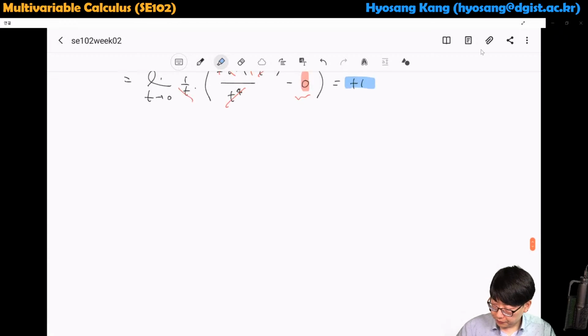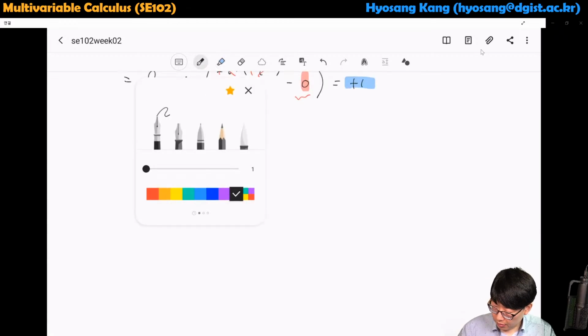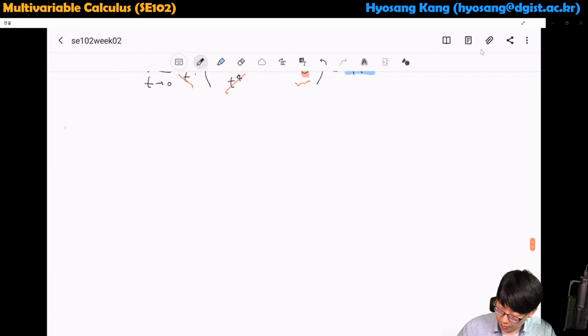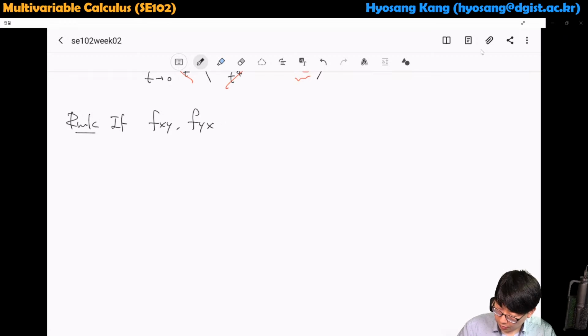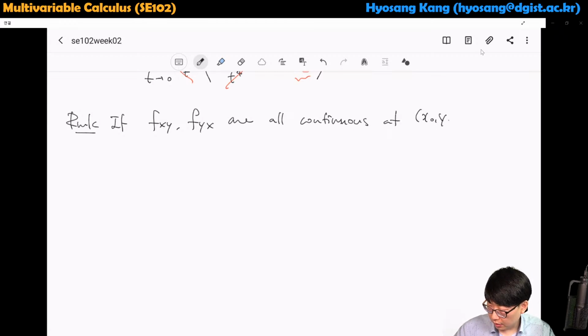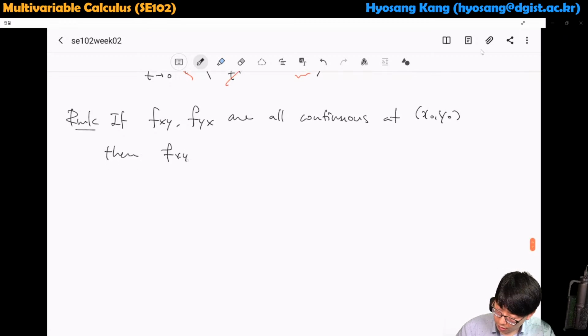But let me give another remark. If these two partial derivatives are continuous at x0, y0, then these two values are actually the same.